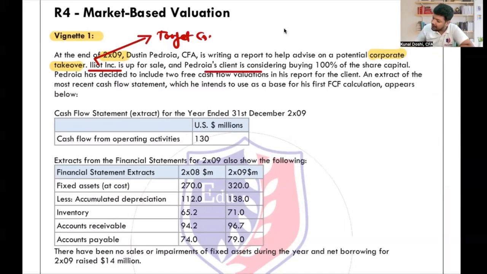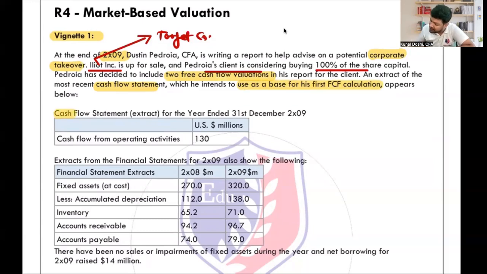Pedroia's client is considering buying 100% of the share capital. So you're going to take over the entire company, and you will prefer to use the free cash flow model because you are going to be the controlling stakeholder. It's decided to include two free cash flow valuations, with an extract of the most recent cash flow statement, which he intends to use as a base of free cash flow.